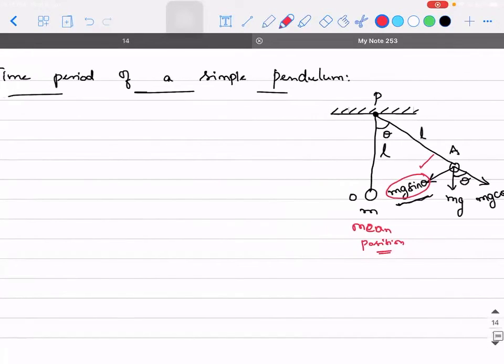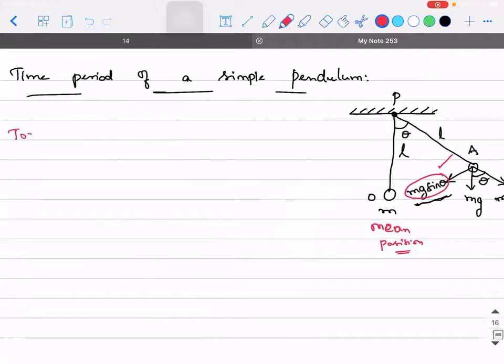Now, what is the torque experienced by the bob about point O?